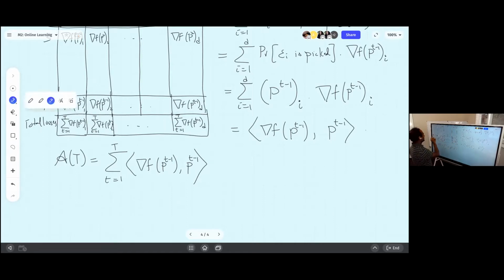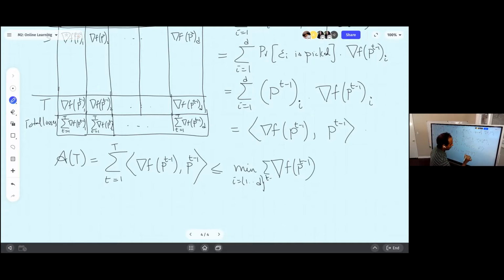So let's write that down. It's at most the min over i is 1 through d of the gradient added up across all the iterations at the ith coordinate. It's this quantity plus 4L times square root log d.